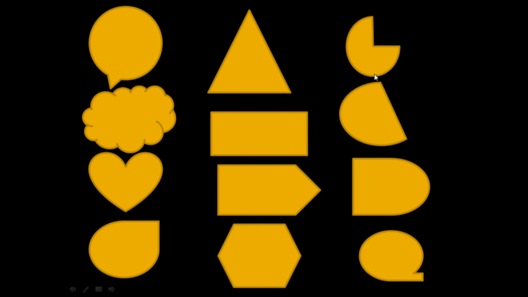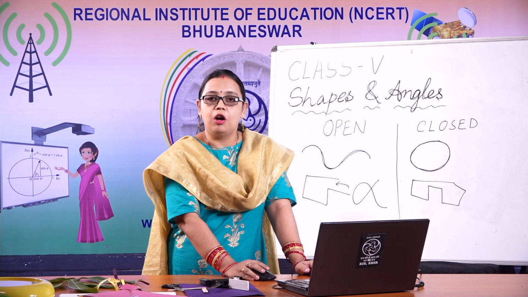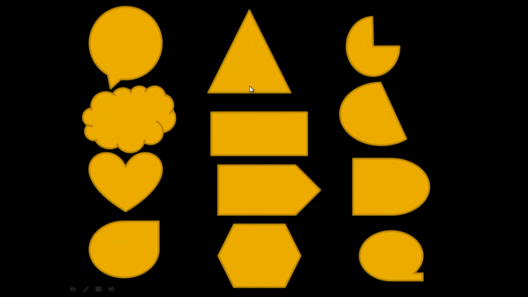But in the third column, I have used both, that is curves and lines. So, we conclude that closed shapes can be made either of curves or straight lines or both curves and straight lines.